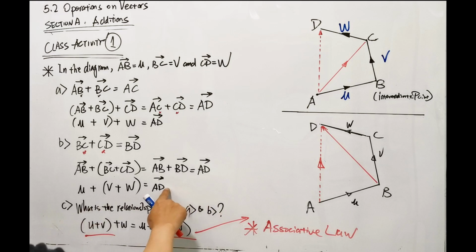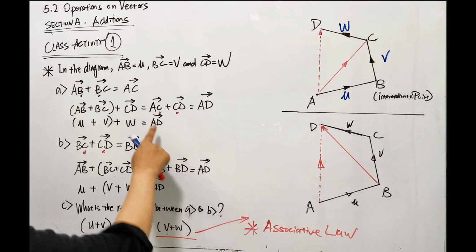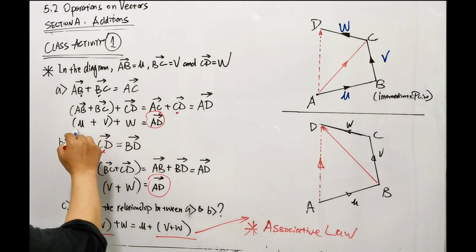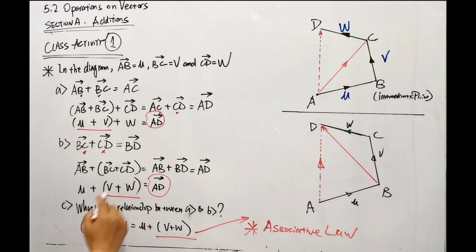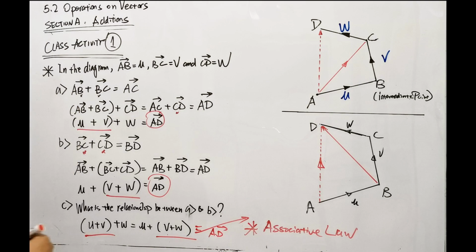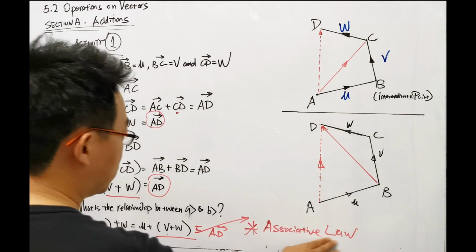They are all equal to AD, regardless of where the bracket is. So we found another law called the associative law.